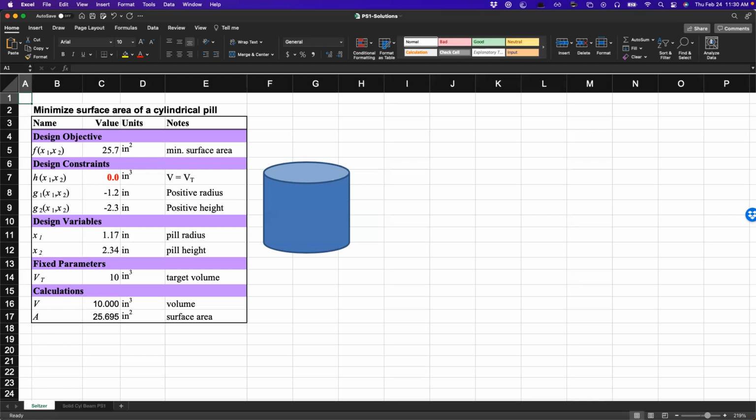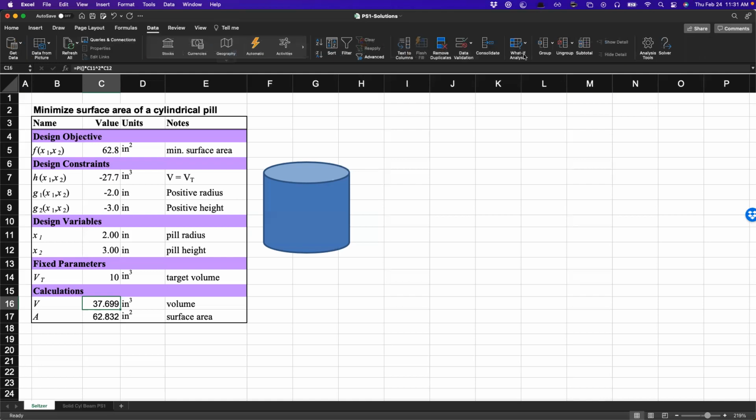Okay. So let's say we'll start at 2 and 3. Here the volume is too big, and the area is also too big. So these are not good starting values. You're already violating your constraints, but let's throw it in the solver and see what happens.